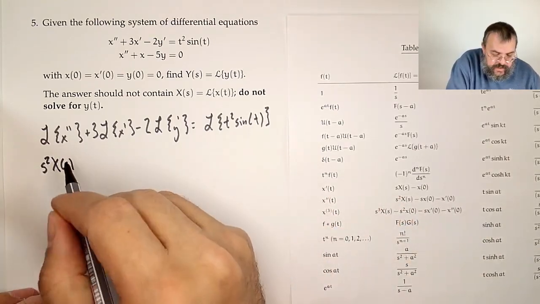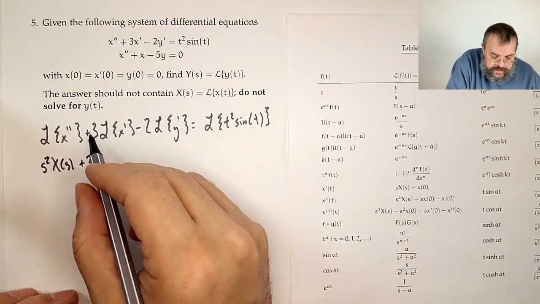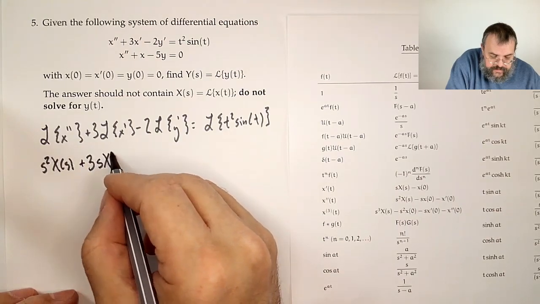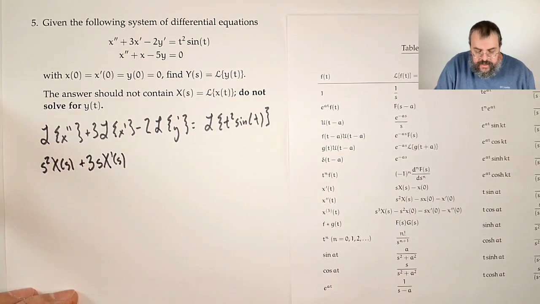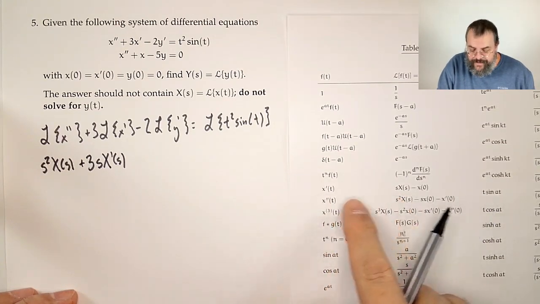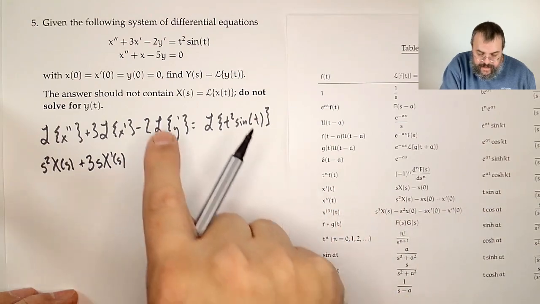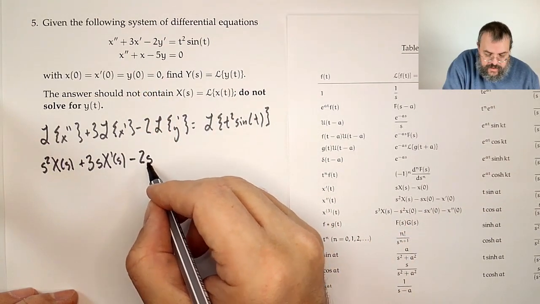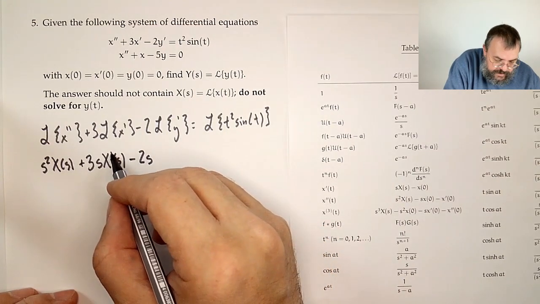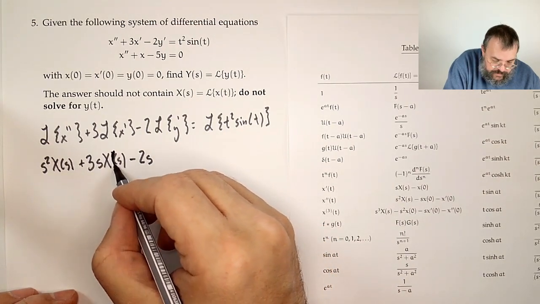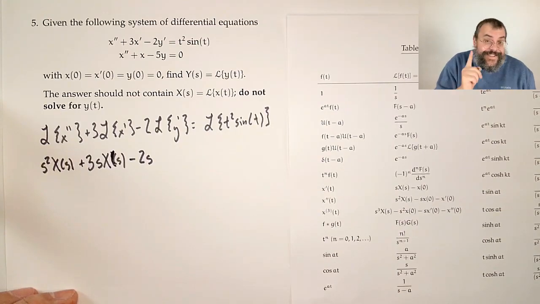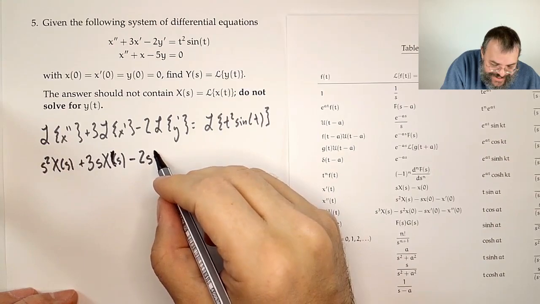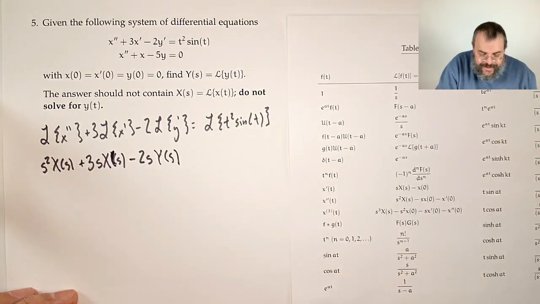X prime will be, there's a 3 there, don't forget that, 3s X of s. And Laplace transform of y prime, well, it's like x prime, just x's become y's. Again, we still have 0 as our initial conditions. So minus 2s, there's no prime here, that's just a really thick parenthesis. Don't tell anybody. Shh. Minus 2s Y of s.